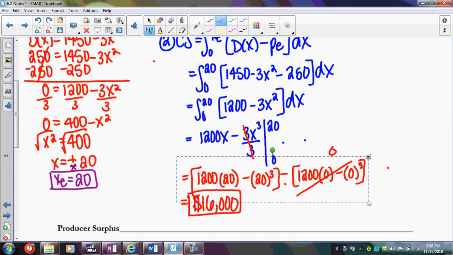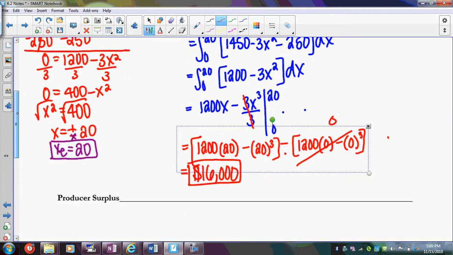So that $16,000 represents the amount that the consumer would have been willing to spend more, $16,000 more, than they actually had to spend. So think of it as their savings. So that's the consumer surplus.